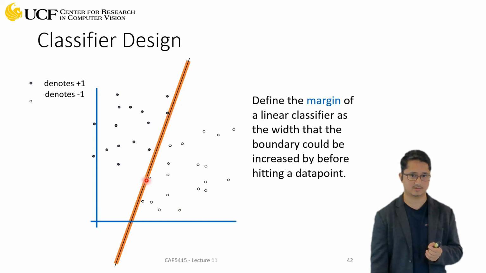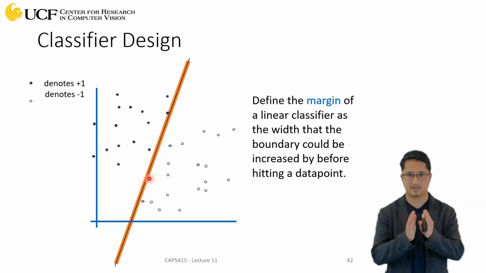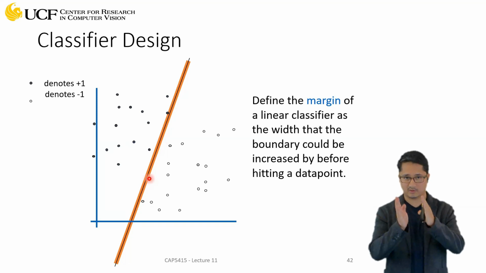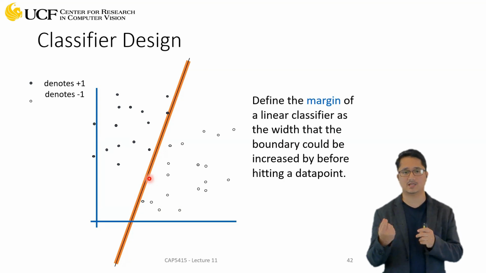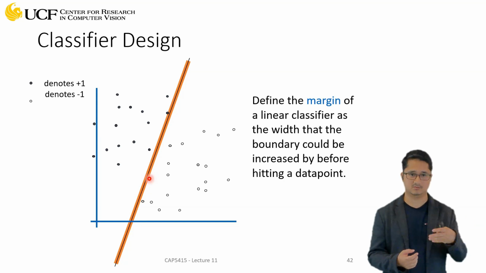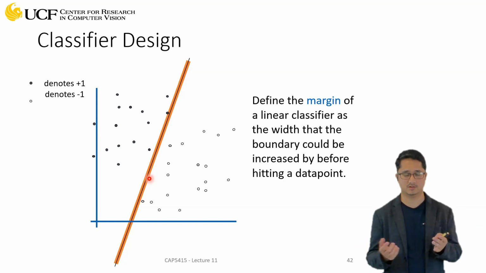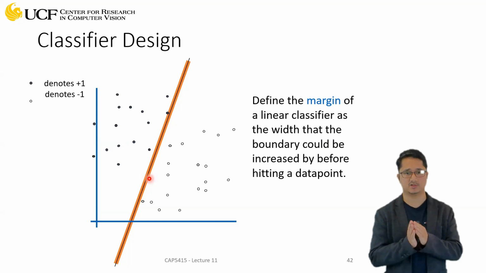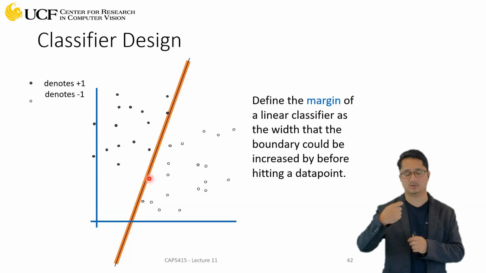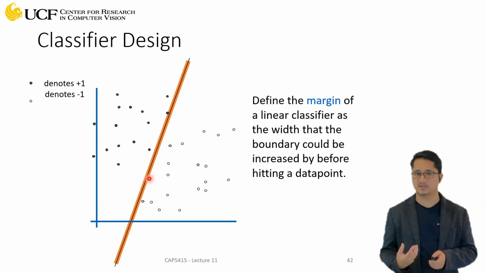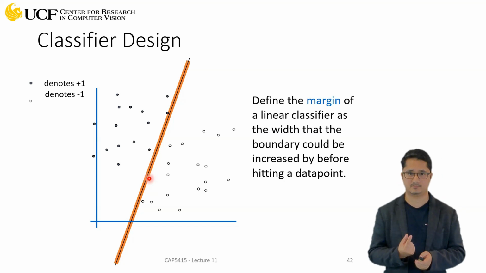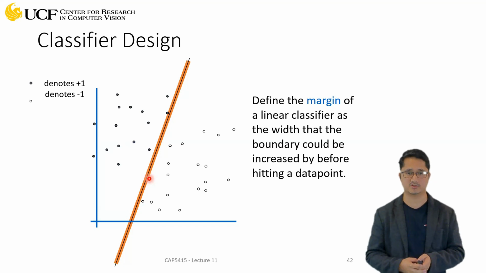And in this case, it's touching this sample, which means that this orange patch is the area where you don't have samples from either the solid dots or the hollow dots. Okay, and this space is called margin. How much bandwidth or how much space you have left between the decision boundary and the closest sample for either of these classes. Now the goal is we want to maximize that margin, and that's what this maximal margin classifier will do. The name says it all.